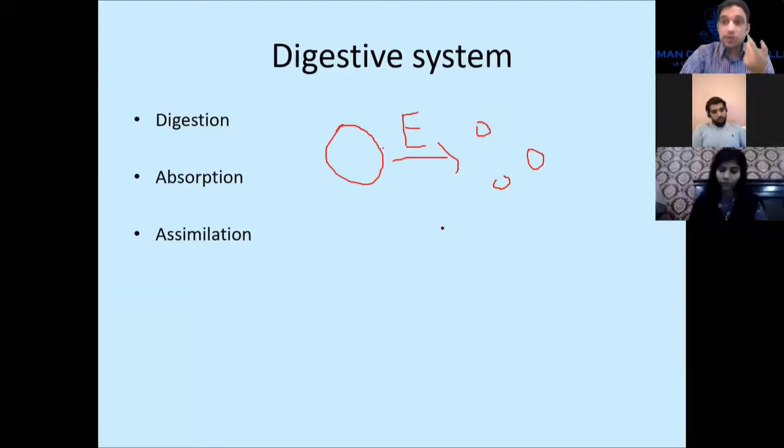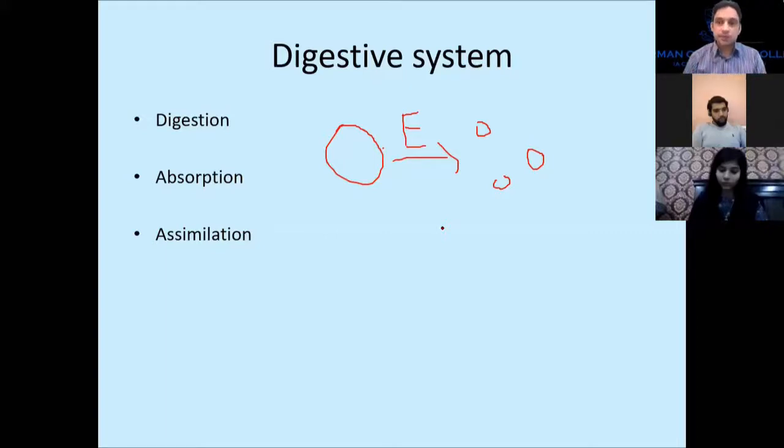So digestion means the breakdown of bigger components into the simpler ones. But before that definition, you should know the need behind the process of digestion.